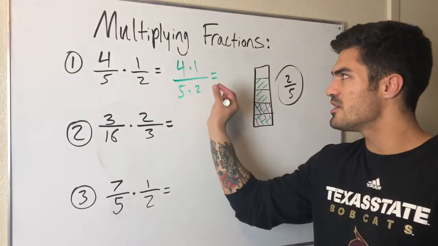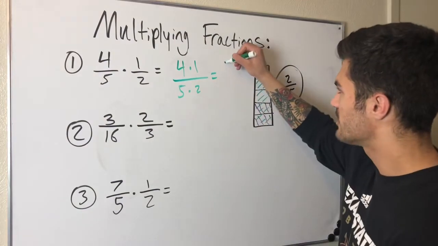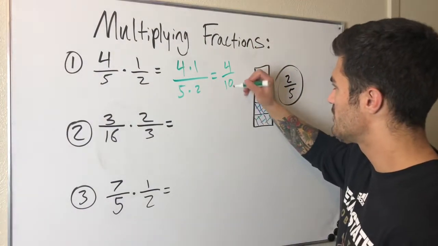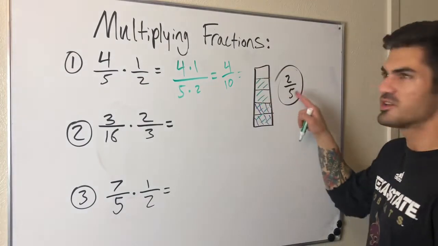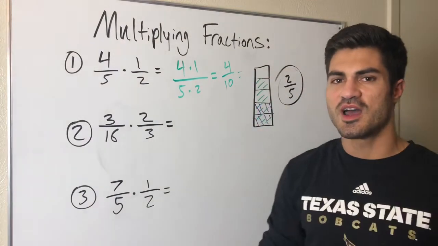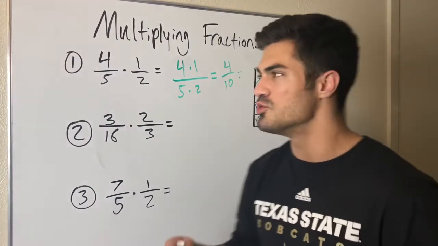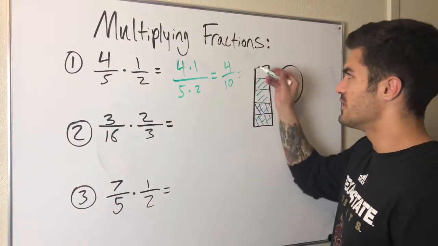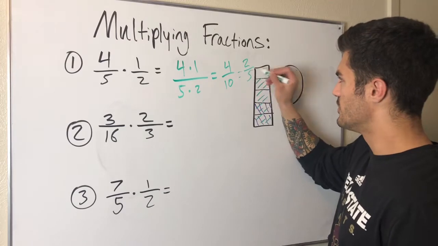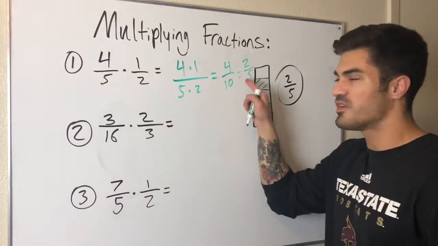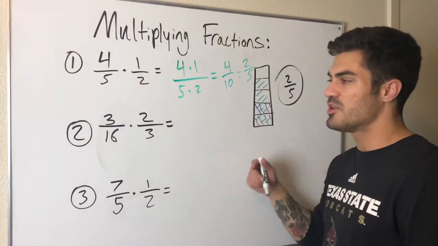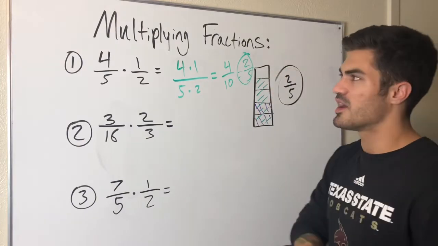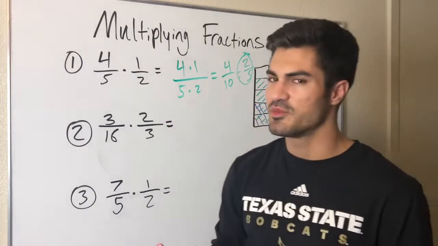I multiply across, that gives us 4 over 10, and that actually simplifies to 2/5. What you do is divide the top and the bottom by 2. 4 divided by 2 is 2, 10 divided by 2 is 5, and there we go. That's how we multiply fractions. Multiply across, simplify. Very simple.